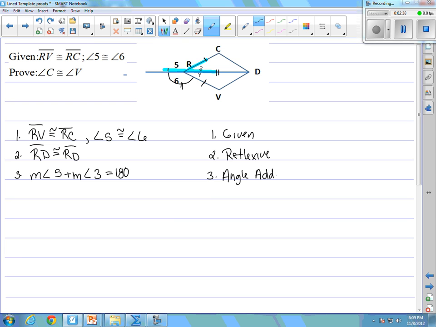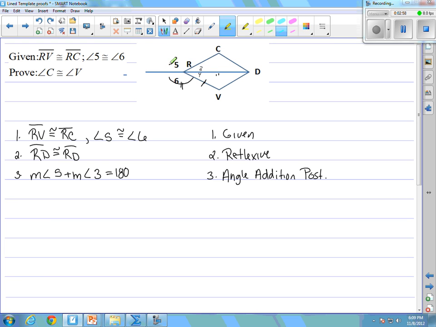If you find in your book where they state the angle addition postulate, you'll find that it's in two parts, part A and part B. Part B refers to this statement. Okay, so if you don't believe me, look there.